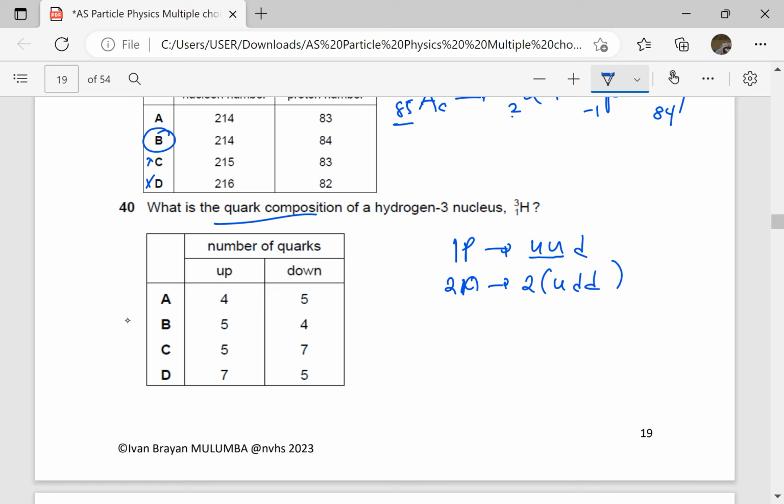So we have 2 up plus 2 up, those are 4 up. Then 1 down plus 2 times 2 down, that is 4 down, so 1 down plus 4 down, that is 5 down. So 4 up and 5 down.